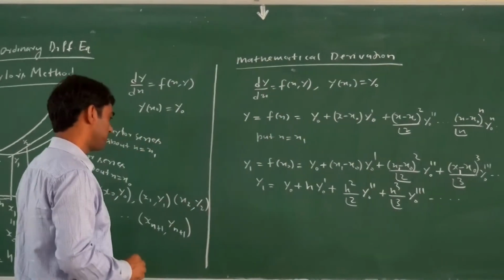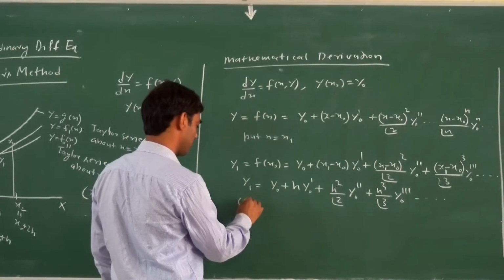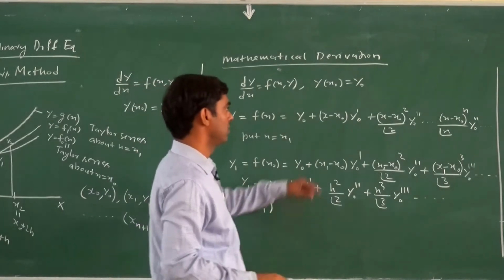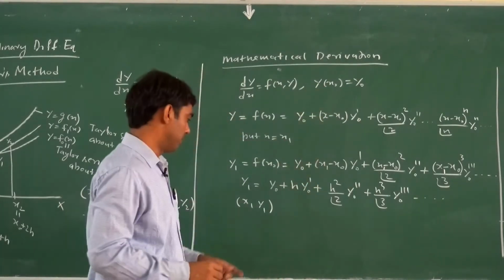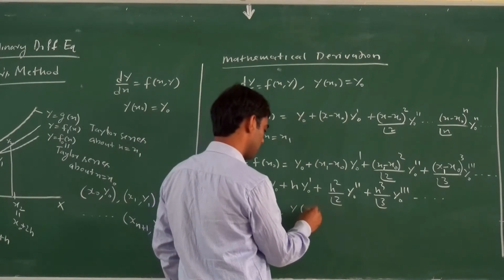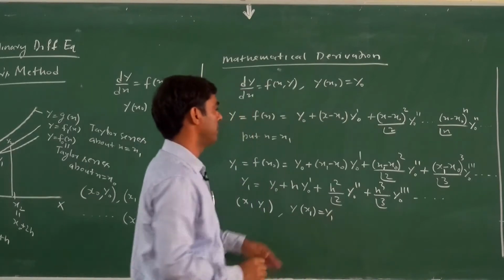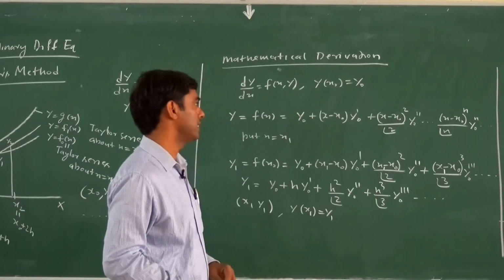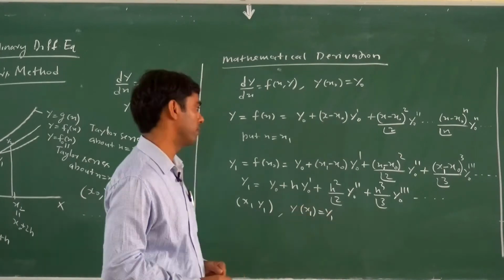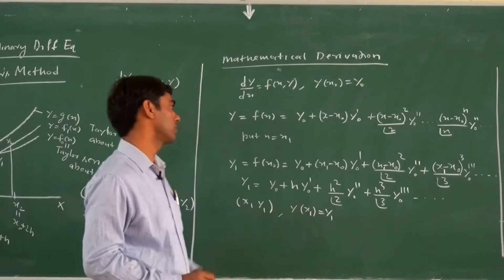And similarly, now we have the value at x1, y1. If we write this in the form of an initial condition, y at x0 equals y0, then y at x1 equals y1. Now we find the Taylor series expansion about x equal x1.